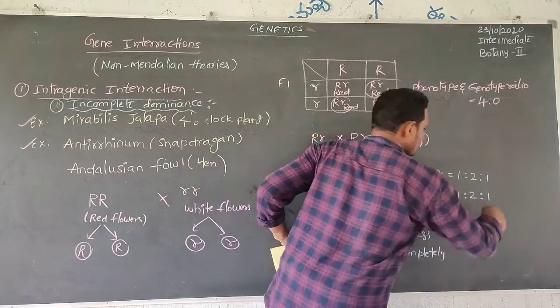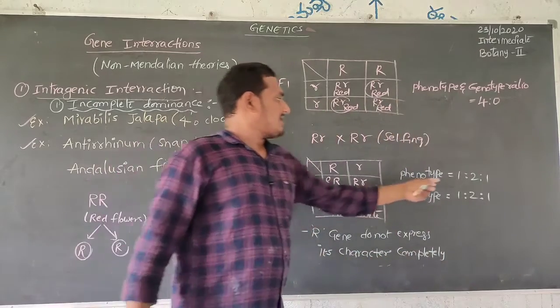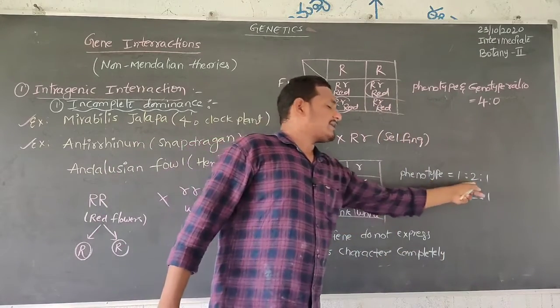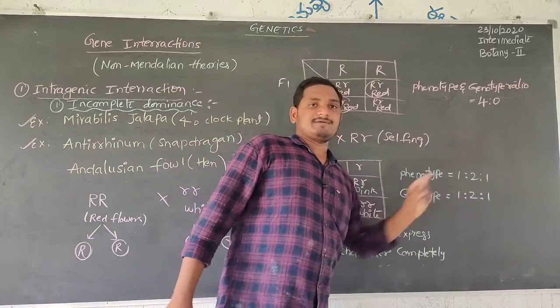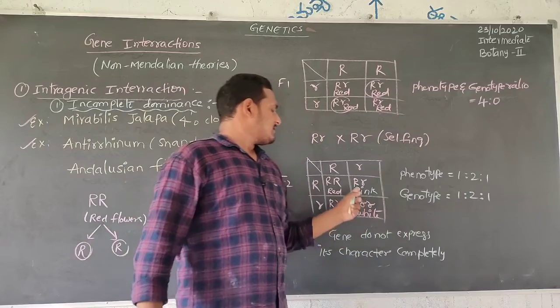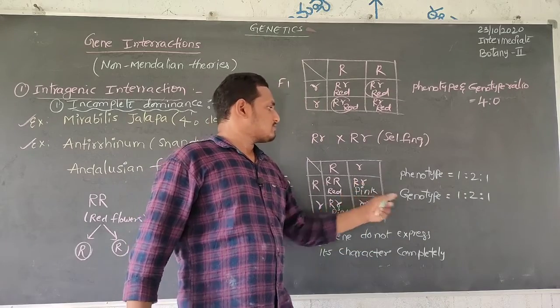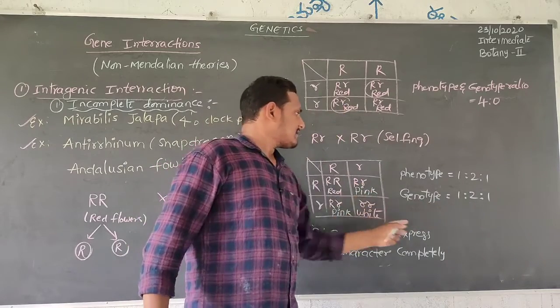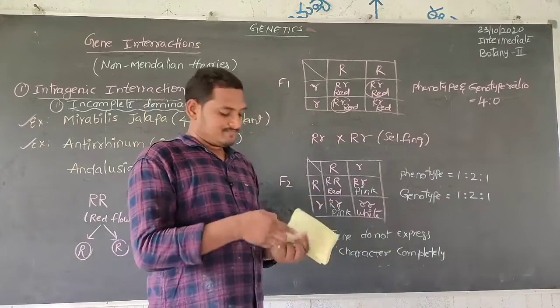So 1 is the red plant, 2 are the pink plants, and 1 is the white plant. In genotype, capital R capital R is 1, capital R small r is 2, and 1 is white.